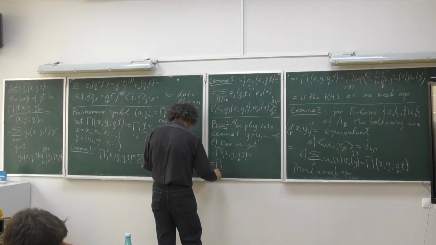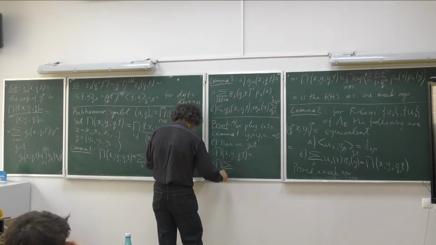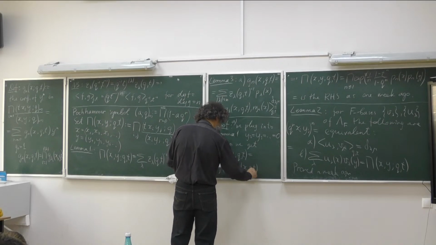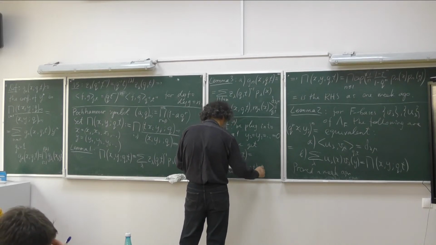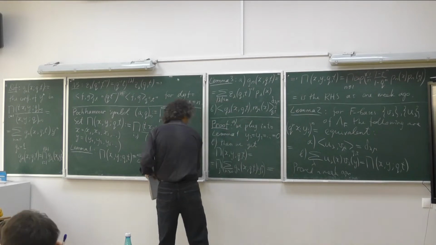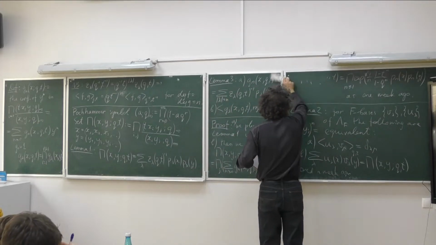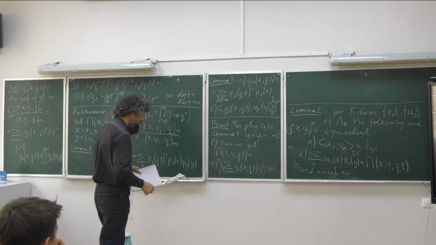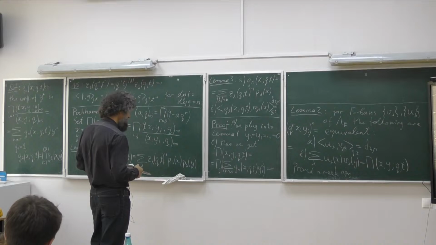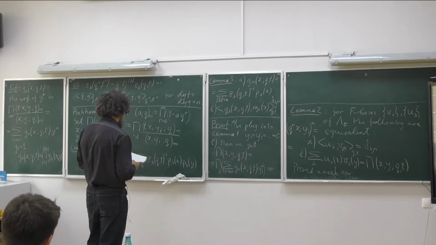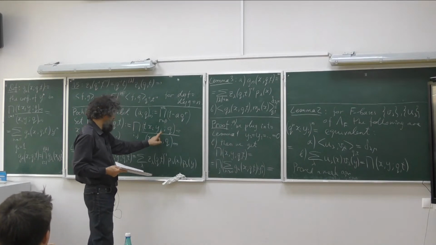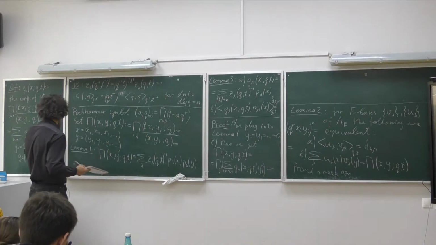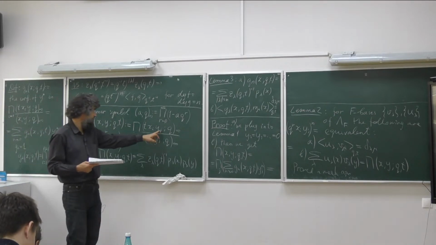Equals the product over j of the sum over positive n of g_n of x, q, t times y_j to the power n, as I promised to Oleg, and this is equal to, just because we know that this product is the product over all y_j's, right? It is the product over all x's, like here, and then over all y's.